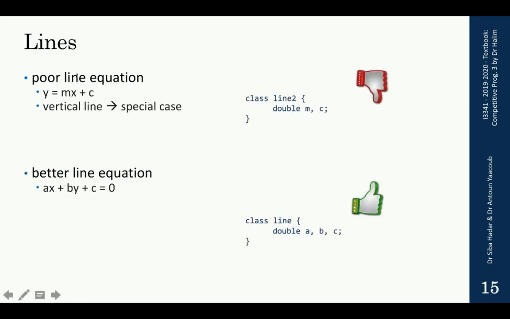So the poor line equation is this form, and we have the representation in the class line 2, but it is in fact never used. Instead, we are using this representation, and it is called the type line, and it is a very small type containing three double values.